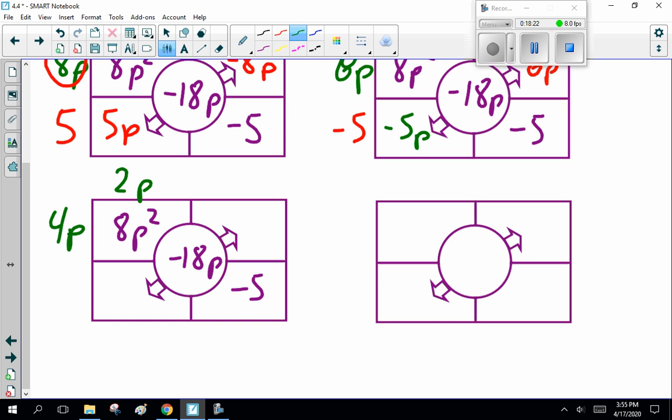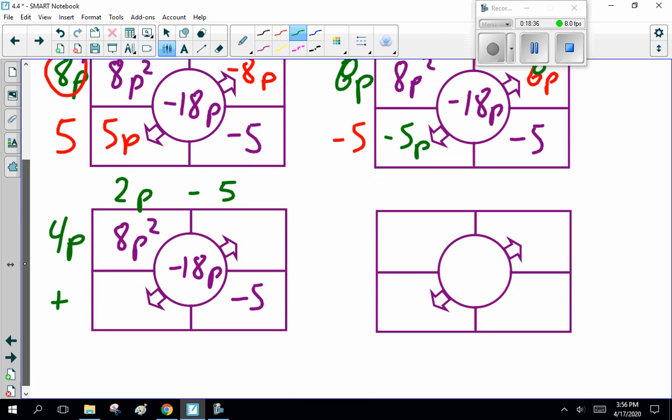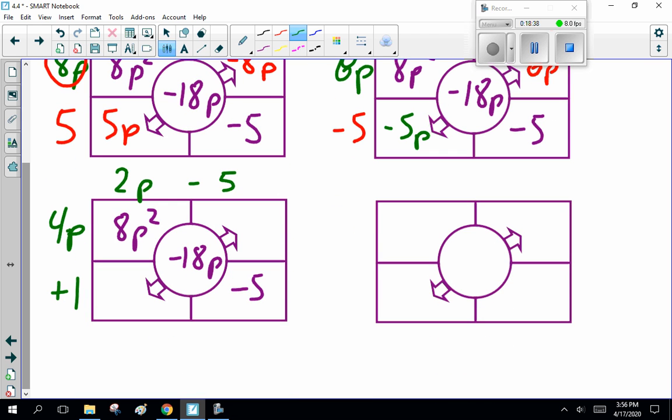Okay. So now I'm thinking 5 times 4 is 20. So if I go minus 5 plus 1 here, what have I got? 4 times minus 5 is minus 20p. 2 times 1 is 2p.